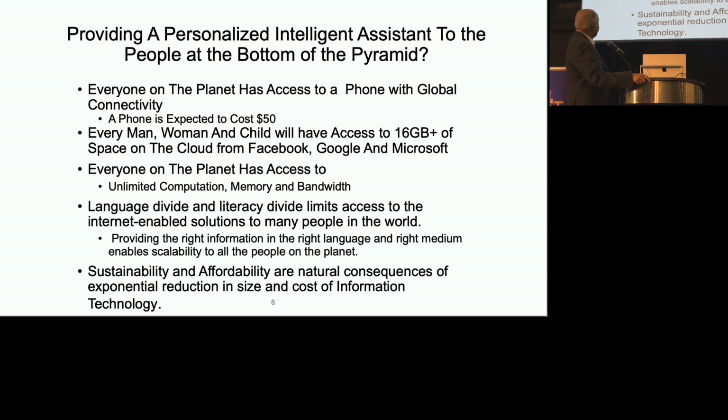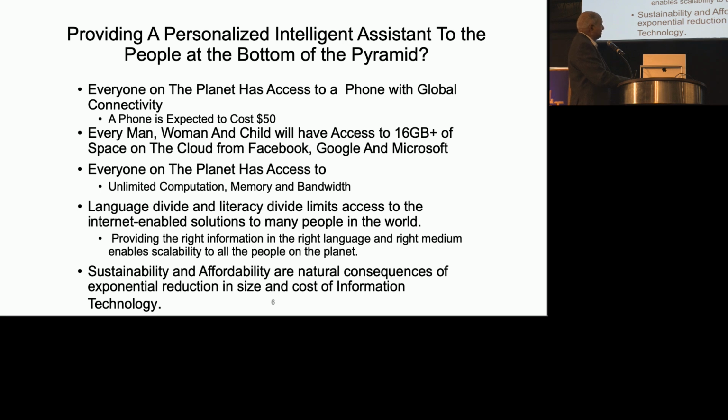And I'm saying this will happen because the cost of computing and the cost of systems are going down. We can come back to it, and language divide and literacy divide limit the access to the internet-able solution.